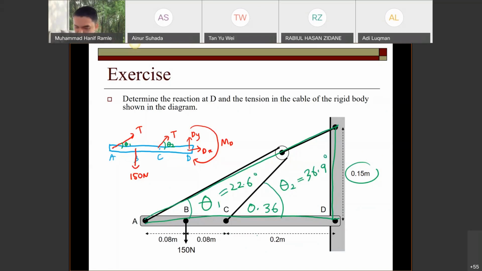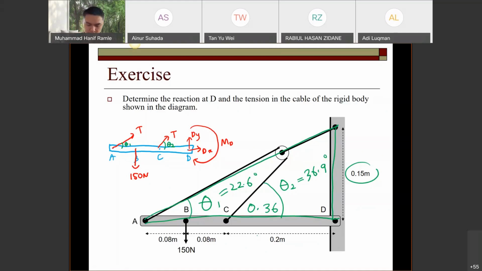Okay, right. For the others, please check your answers for theta 1 and theta 2. Is it the same or not? Same, Doctor. Okay, great.